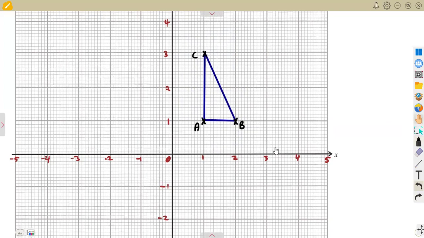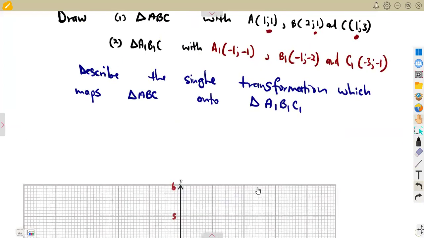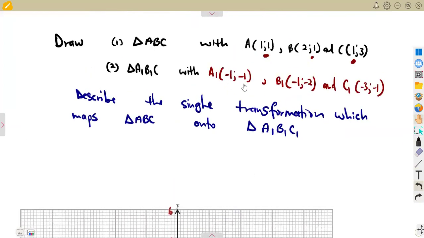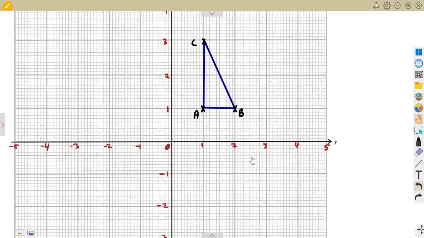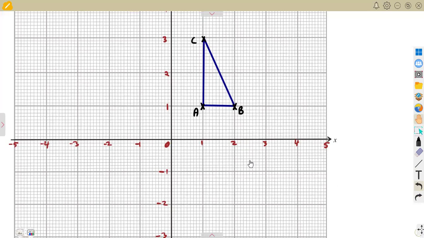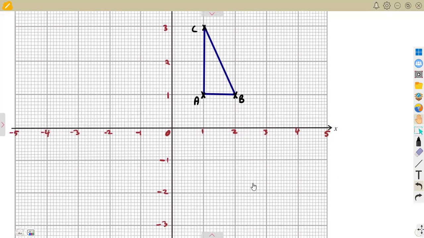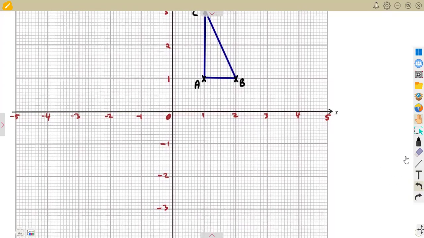And also we have got the image A1, B1, C1 that we are given. So we are going to mark our points on the image. A1 is (-1, -1). When x is -1, y is -1.